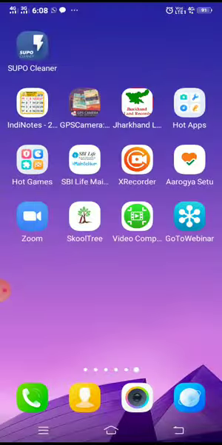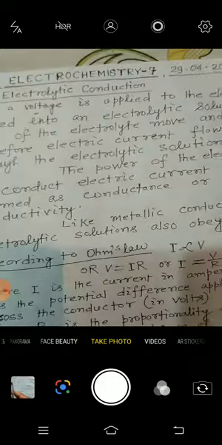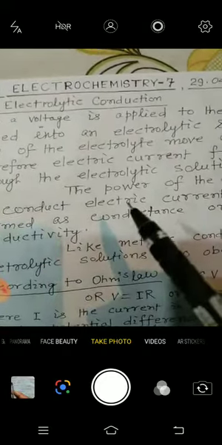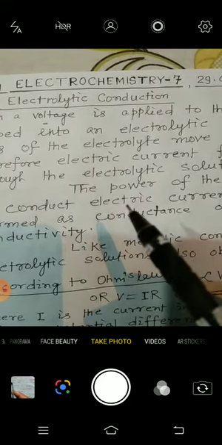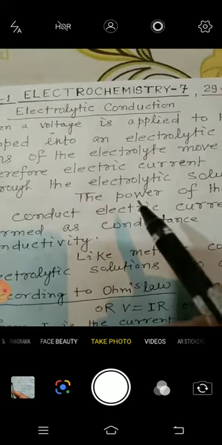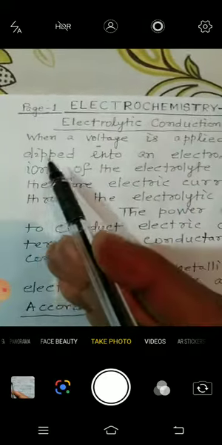Now today in this chapter there are some important terms for which the concept is very important. First of all, electrolytic conduction. So what is this?